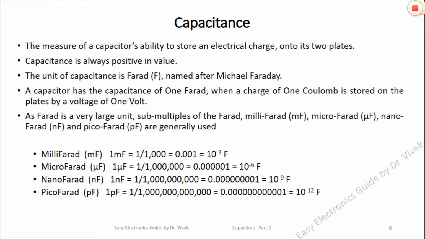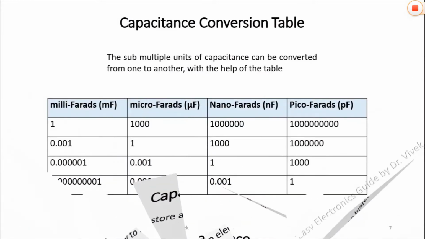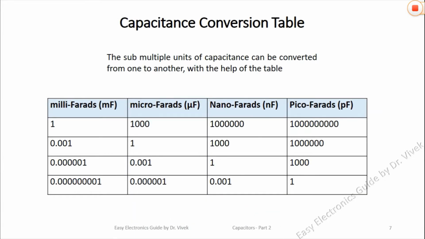As farad is a very large unit, we are using submultiples of the farad. The conversion table will help you to convert the capacitance from one unit to another unit.